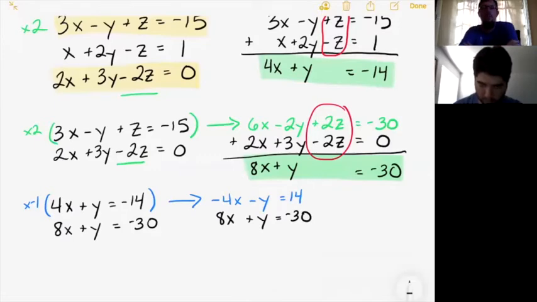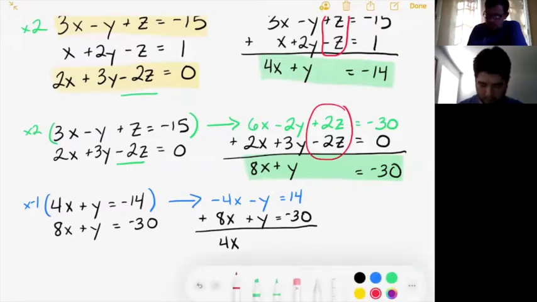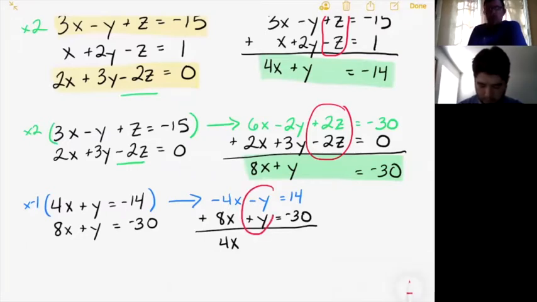All right. And the reason that we did this is so when we use the addition method, the y's go away. Negative 4x plus 8x is 4x. The y's are going to completely eliminate, which is nice. And then on the end, I have 14 plus negative 30.